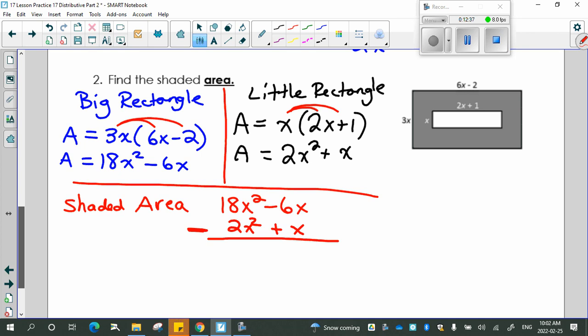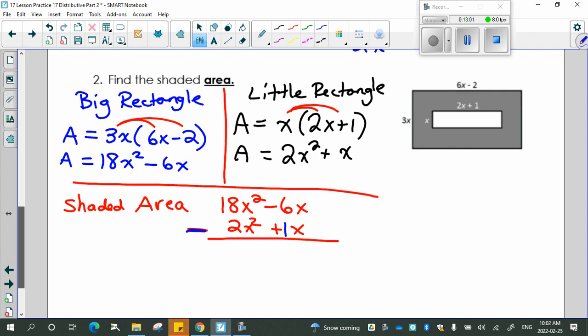And be careful here, because of the subtract sign. What happens when you do negative 6x minus x? Negative 6x minus 1x, if you want. What would you get? So you're at negative 6, and then you subtract 1.